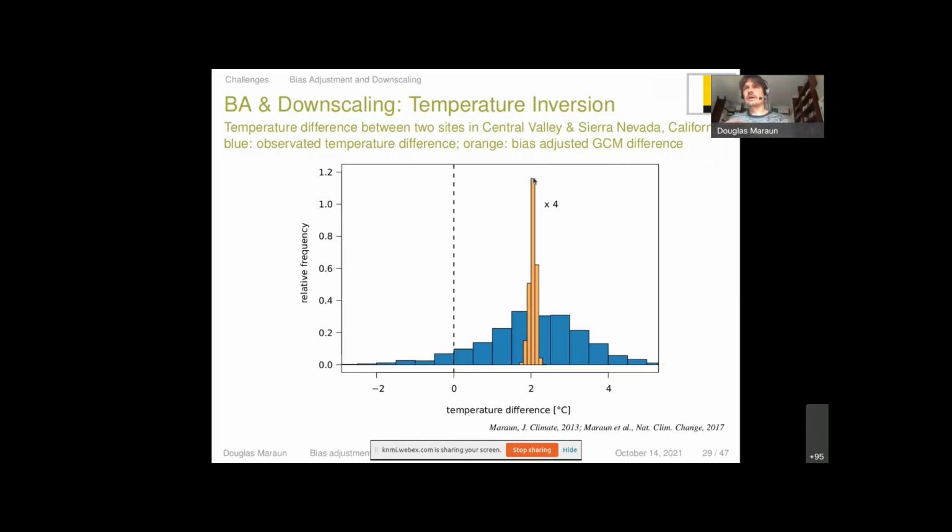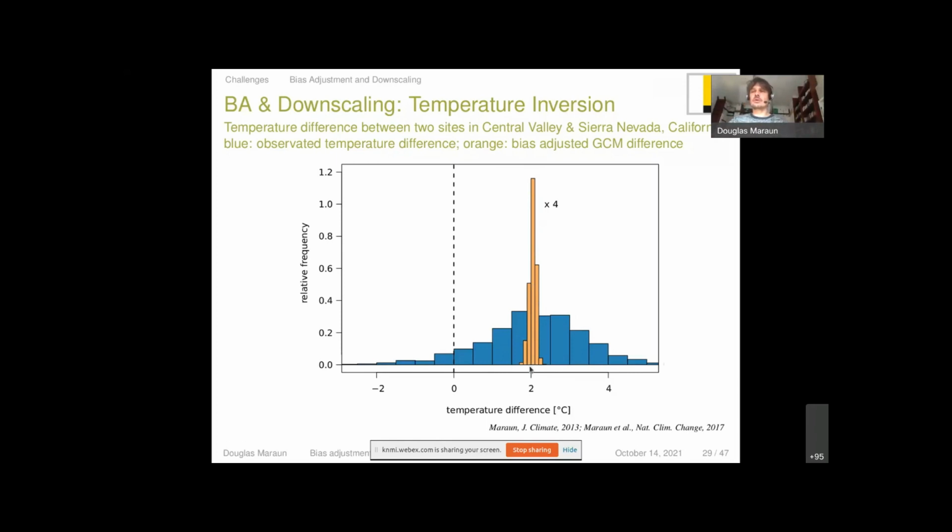And what you then get if you do a bias adjustment between the model output and the two stations, you basically get a very, very narrow difference between the two. So in case you use quantile mapping, if you just did a mean adjustment, then the difference would always be exactly 2 here.